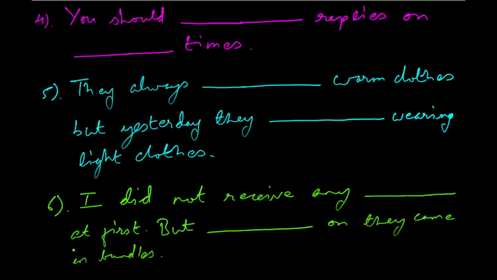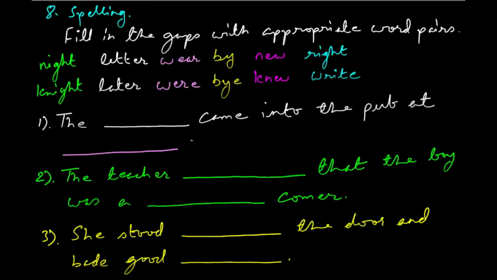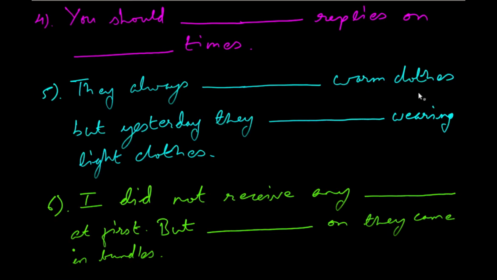Now let me do one for you. Let's go for number 5. Now we have the options here. Remember, these are the options that are available to you: night, later, where, buy, new, right. So we have to pick one. Because we're doing number 5, let's figure it out. Number 5 says they always warm clothes, but yesterday they wearing light clothes.